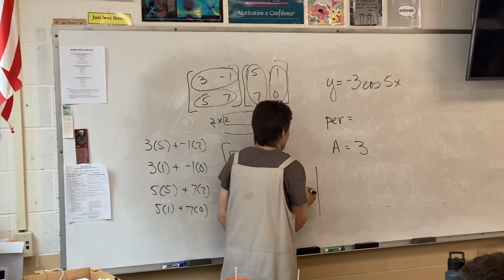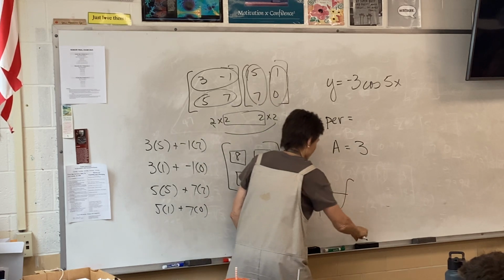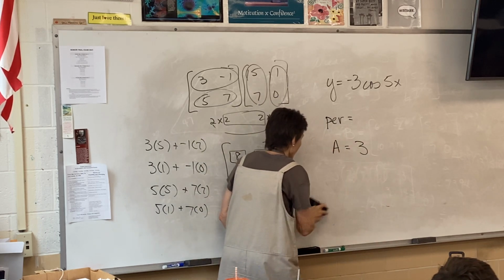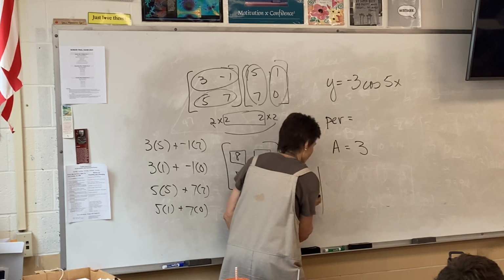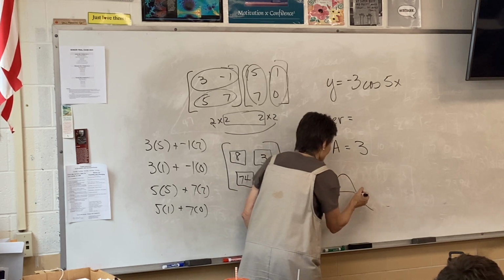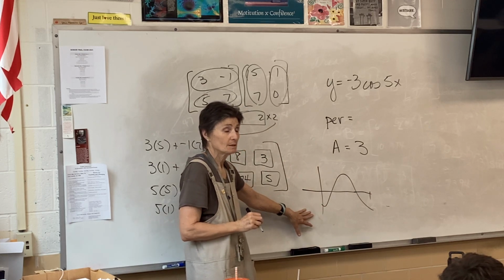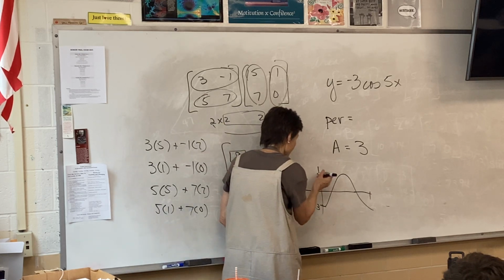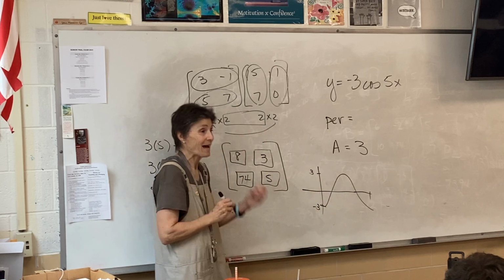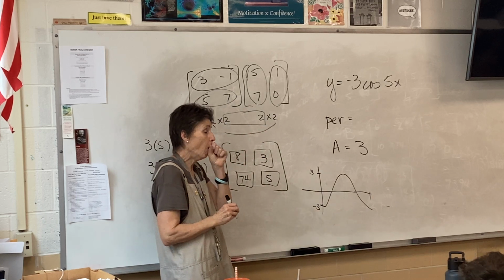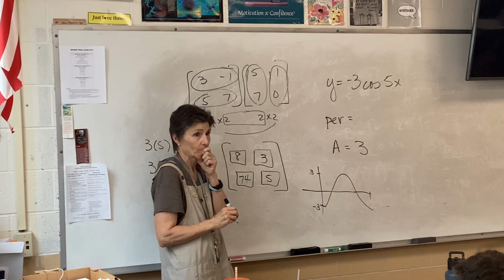Amplitude is the height. So if we were drawing, actually, it's upside down. If we were drawing this, which you're not being asked to graph, but if you were, it would have that shape. And this would be -3, and this would be +3.